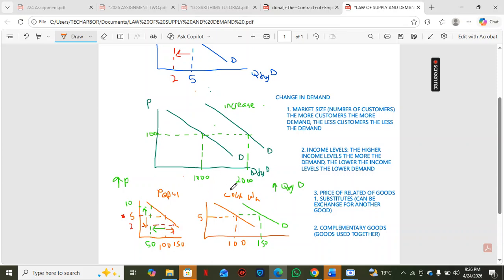So what happened to the demand curve of Coca-Cola? It is going to go down. If we started here at D1, since people are buying more Pepsi, they'll stop buying Coca-Cola. So demand for Coca-Cola is going to drop to 50 units. As we can see, the price of Pepsi went down, and the quantity demanded of Coca-Cola also went down. So with substitutes, there is a positive relationship.